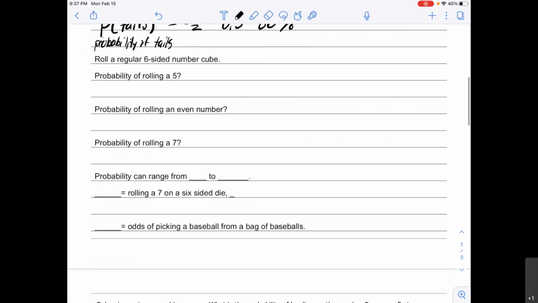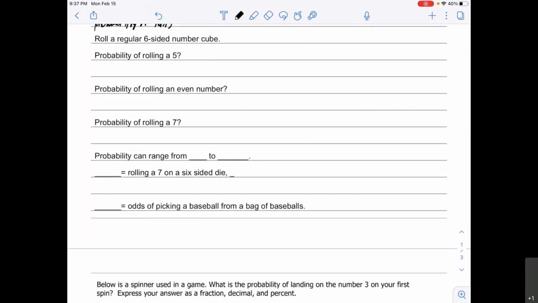So looking at the next one, if we wanted to roll a regular six-sided number cube, and I want to know the probability of rolling a 5, then I would say P of 5, the probability of a 5. Well, on a six-sided number cube, these are also called dice, one die or mini dice, but we have one.